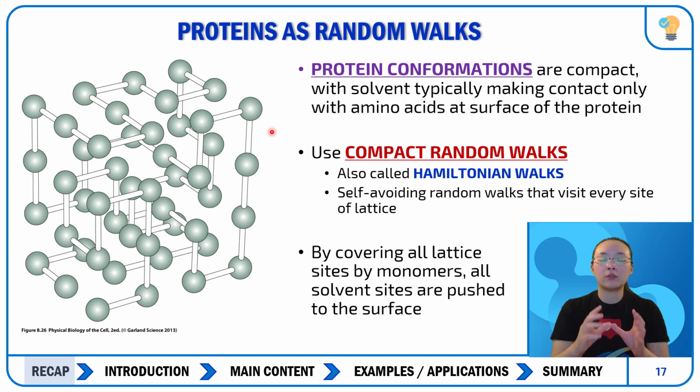So if you consider every amino acid or every residue in your polypeptide sequence to take up one space in a lattice structure, there are two assumptions we have to make. Number one, every single spot in the lattice structure is taken up fully. And number two, there is no overlap between the connection of those sequences.